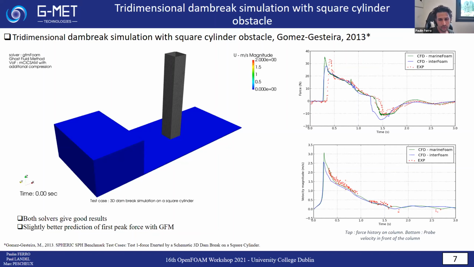From our tests on a generic prismatic planing hull, we are 5 times faster with MarineFOAM than with interFoam. This is a huge difference in CPU time, especially when you have to run a lot of simulations for different velocities and masses.